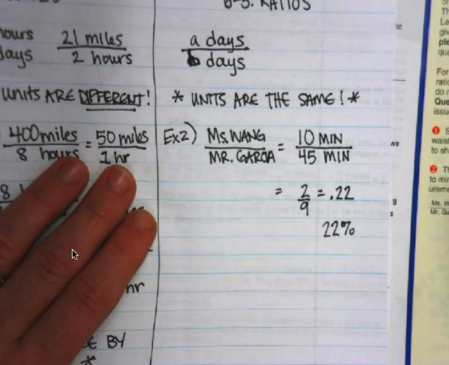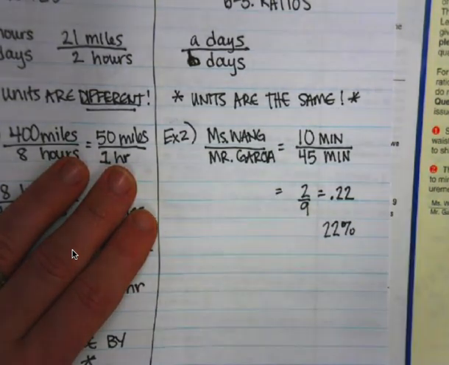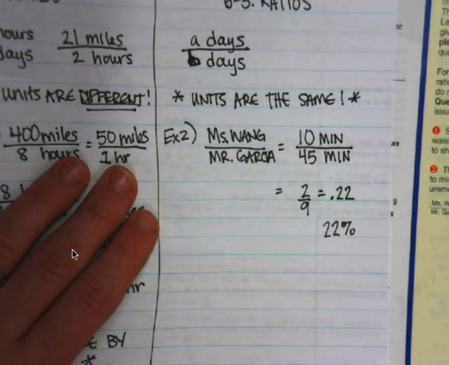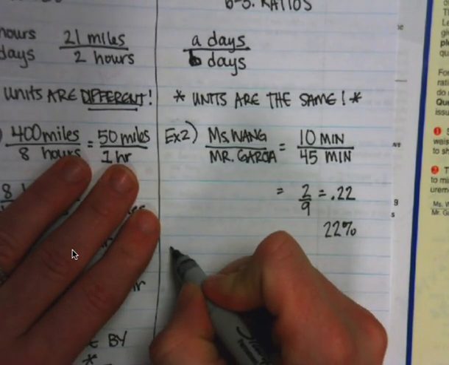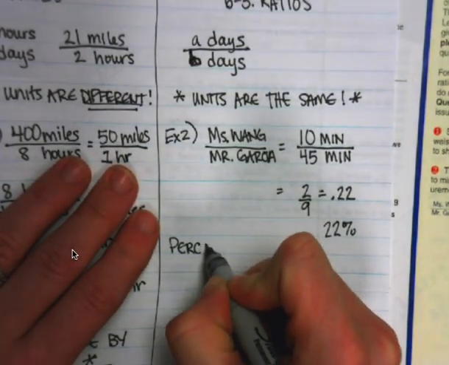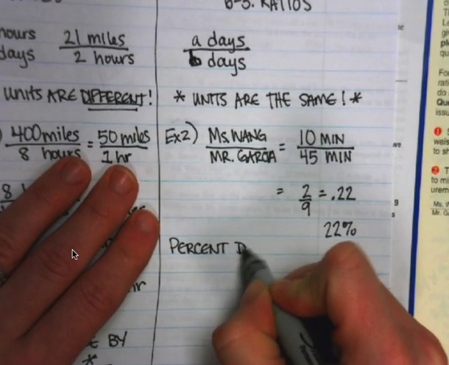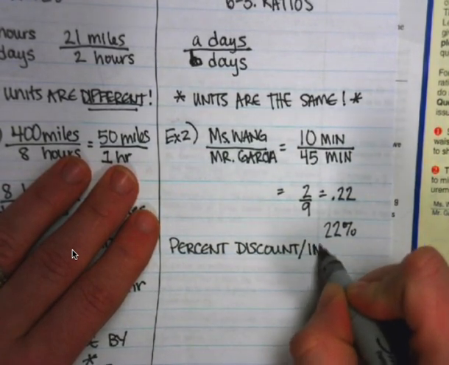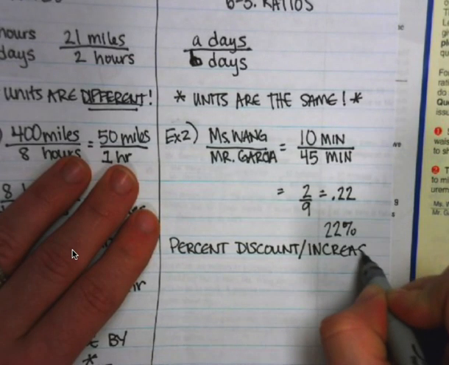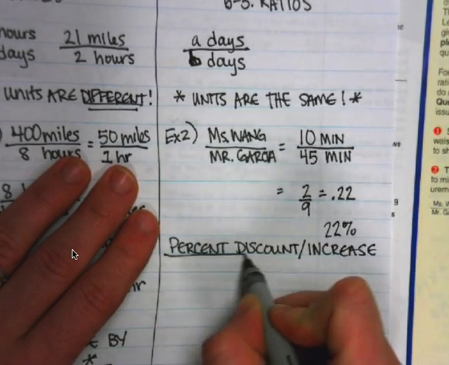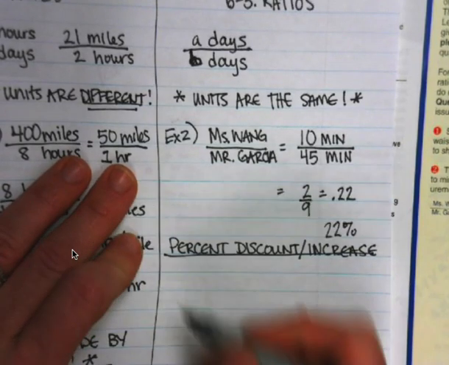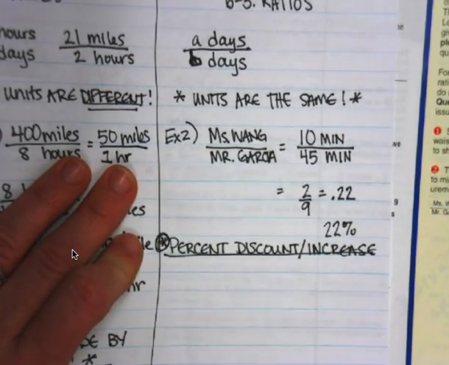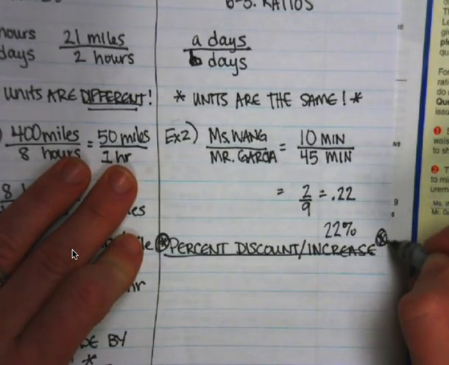That brings up pretty much the really big idea in this section: we can talk about percent discount or increase. You're going to see this a lot, so I'm going to star it because I want to make a big deal about it.